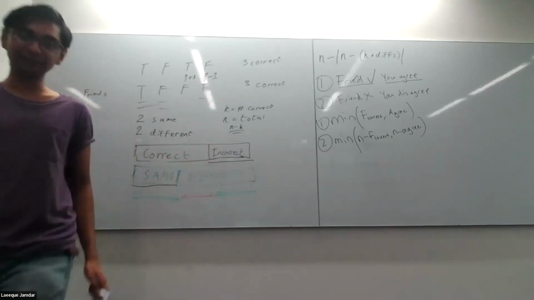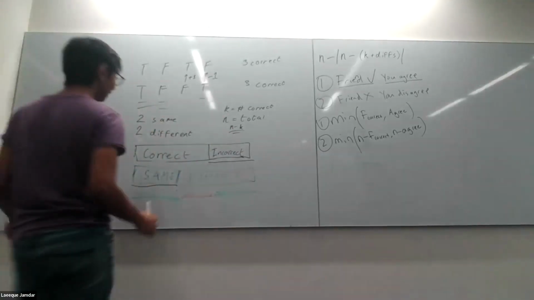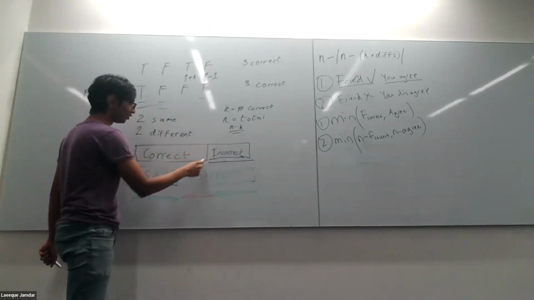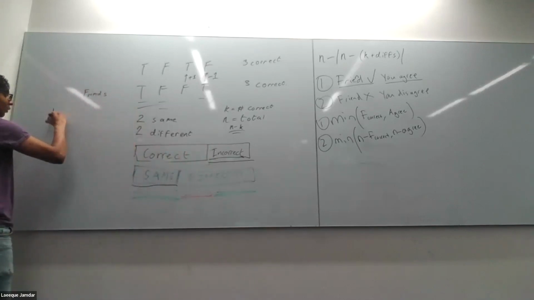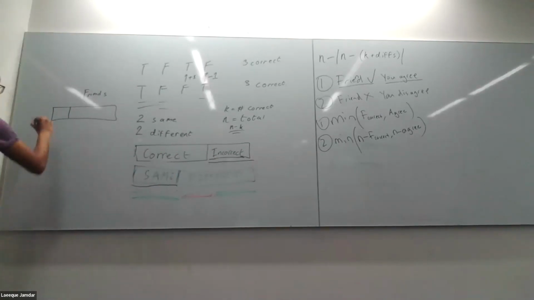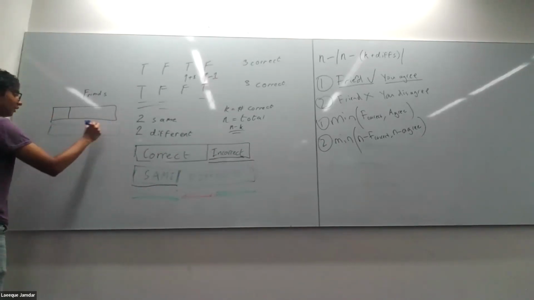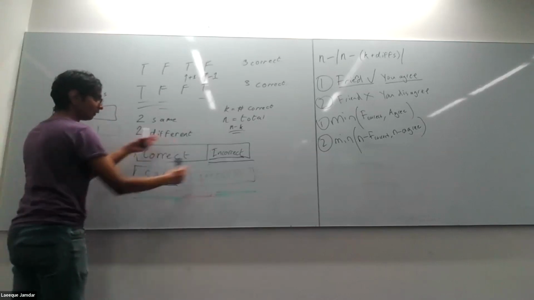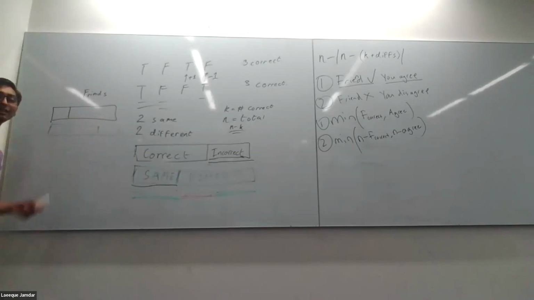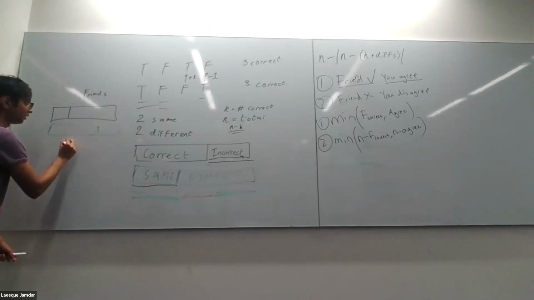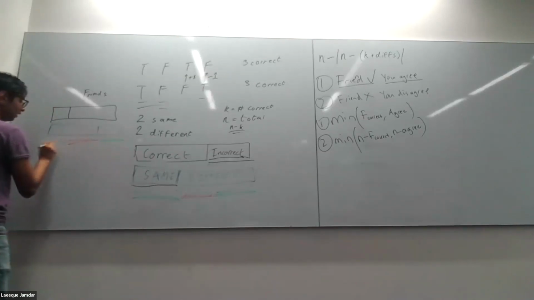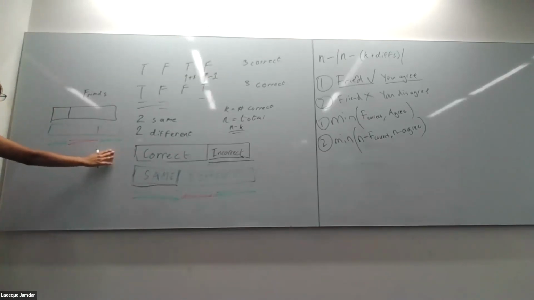And even if the things are reversed, say you have another situation where the boundaries are like this and like this, if you get the same answer and correct and incorrect, that also won't get you marks. You only want the green region on either side.